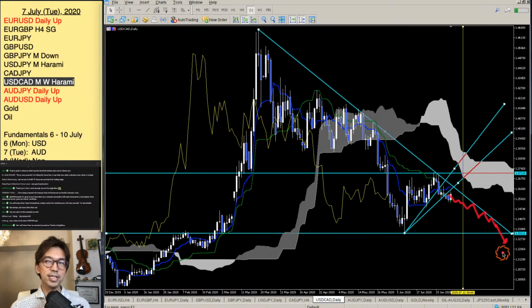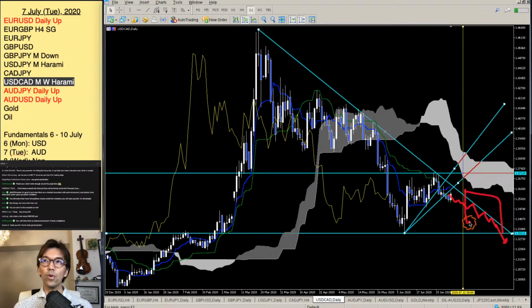But this expectation starts after you see the price below these forecast lines on this yellow vertical day.